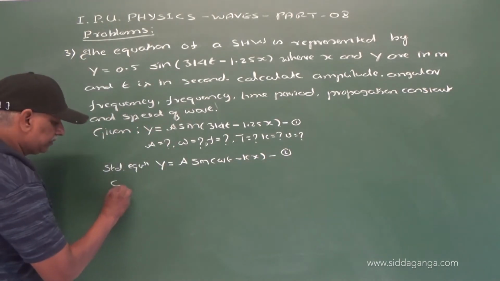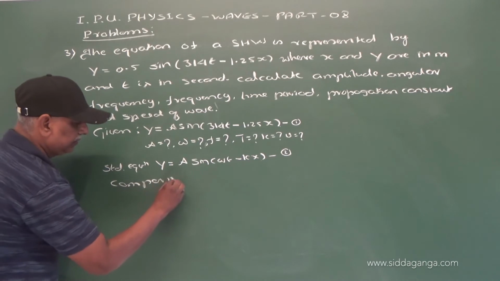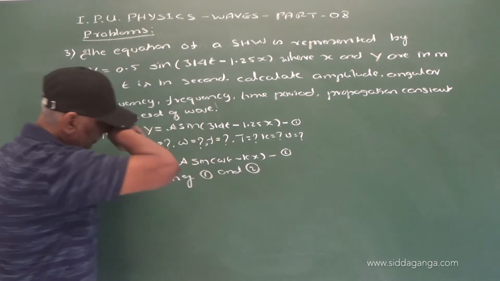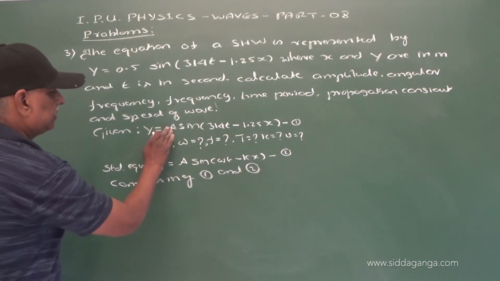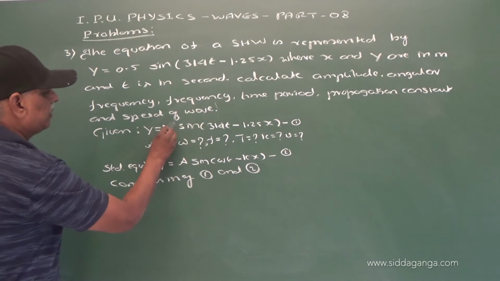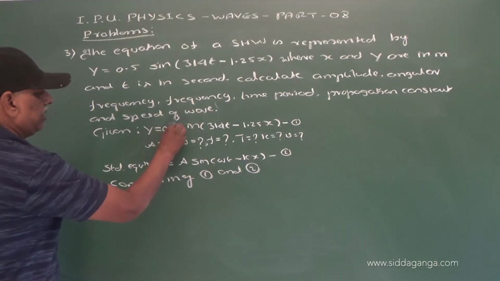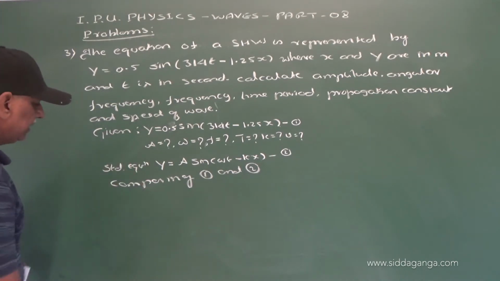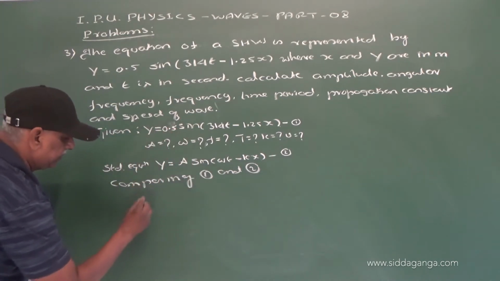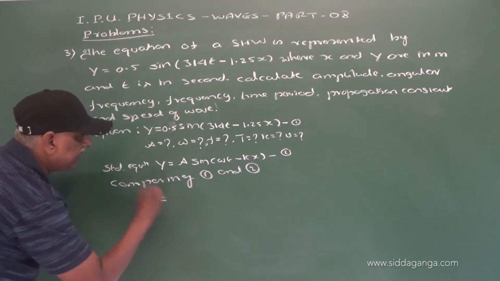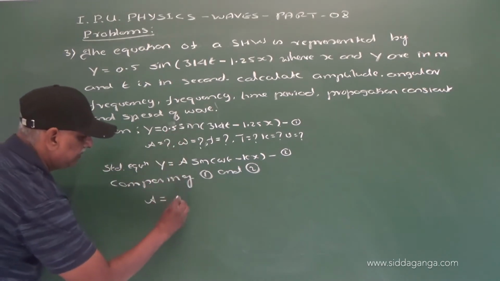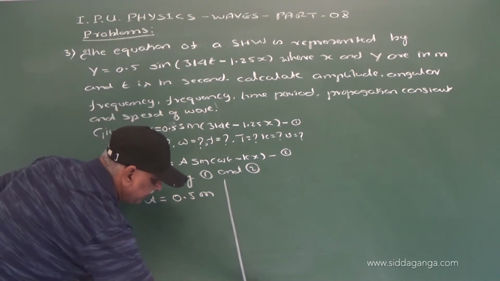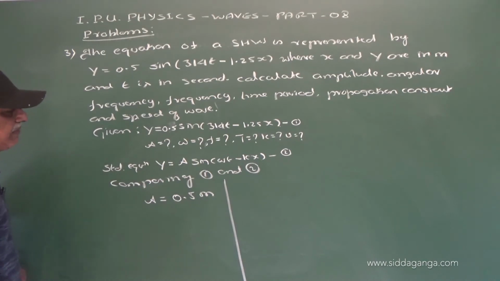Now comparing equations 1 and 2, this is 0.5. We got amplitude A is equal to 0.5 meter.